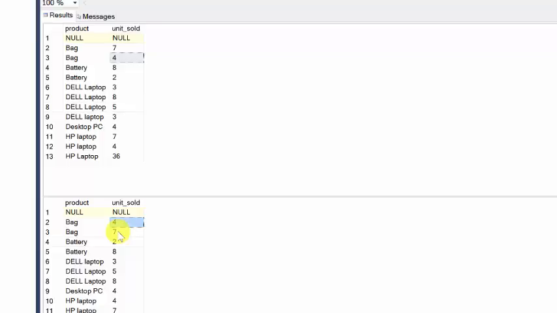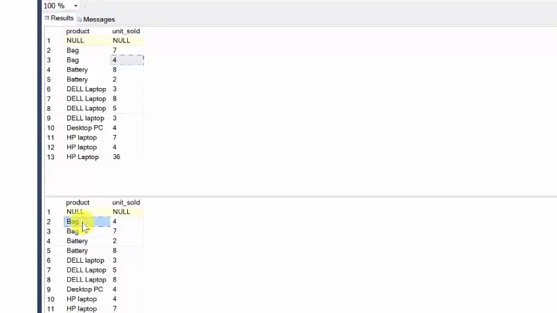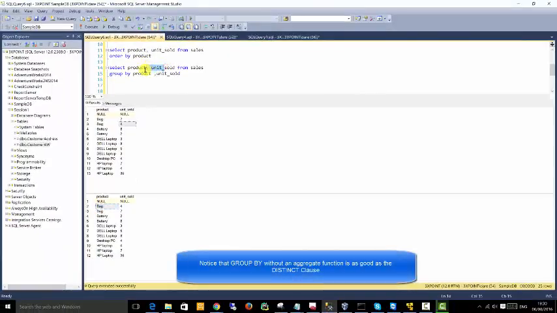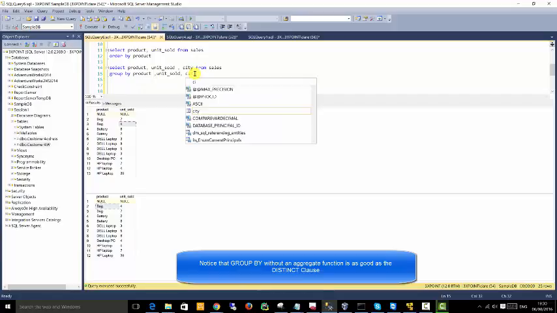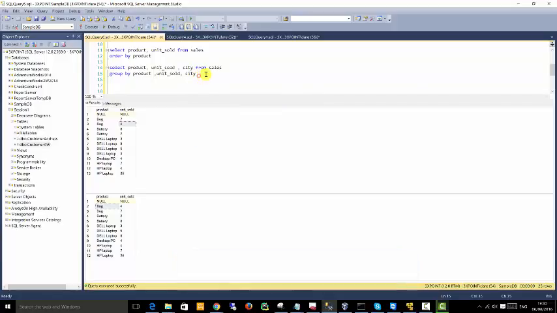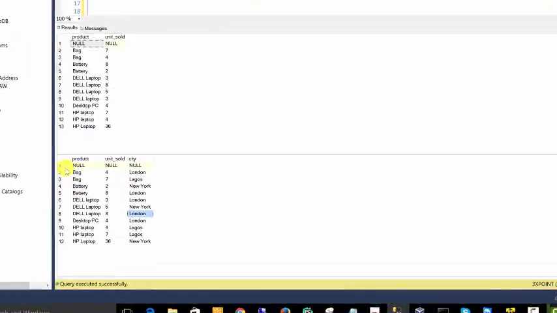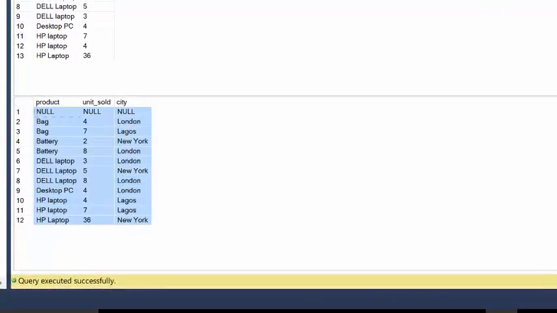So when you say group by these 2 things, then I'm saying give it to me where they occur together. If I introduced city and I say group by city as well, you would see that the data set is still the same, and that's just because it still meets the requirements of the select statement, because we have bag 4 and London together.